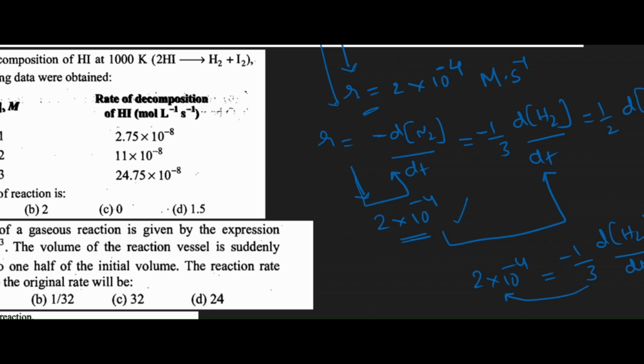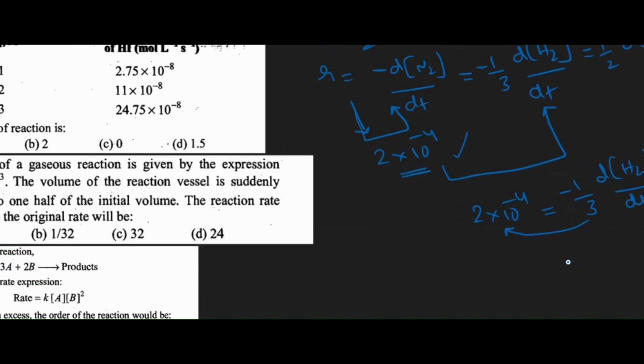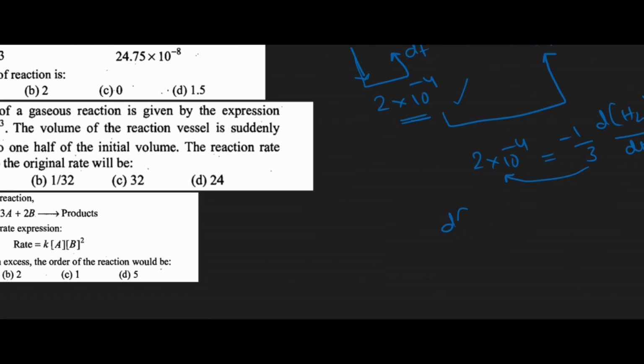Now cross multiply, and you will get the disappearance amount of hydrogen. Clear? So therefore dH2 by dt is equal to 6 into 10 power minus 4. Here obviously this rate will be equal to the nitrogen rate, and by using that rate we can also calculate the hydrogen rate. Clear?